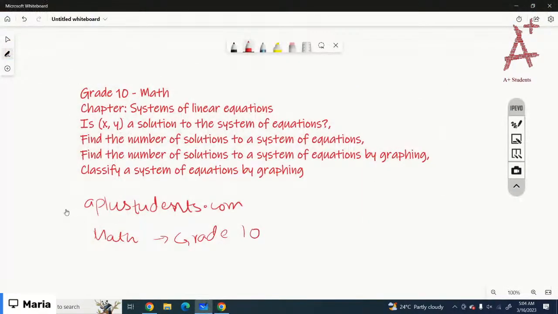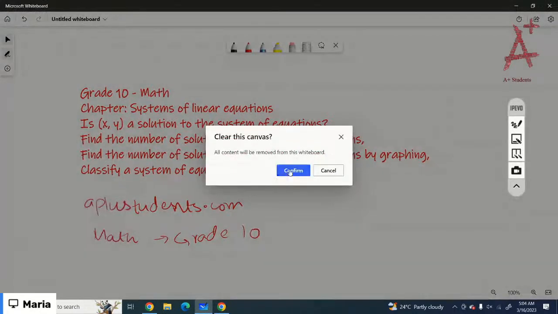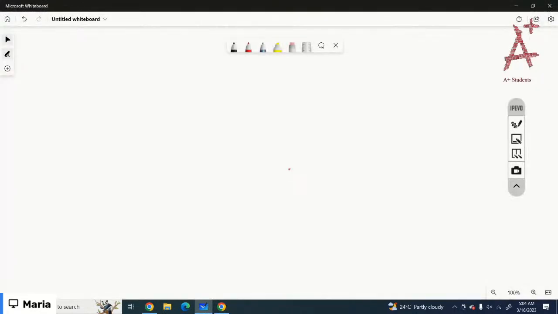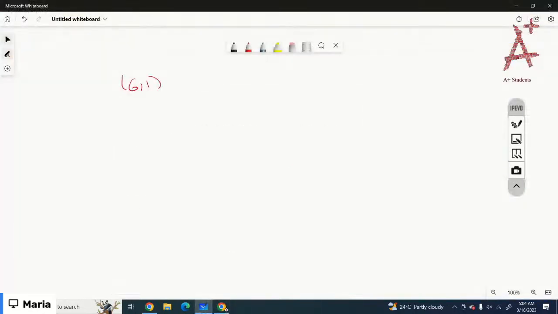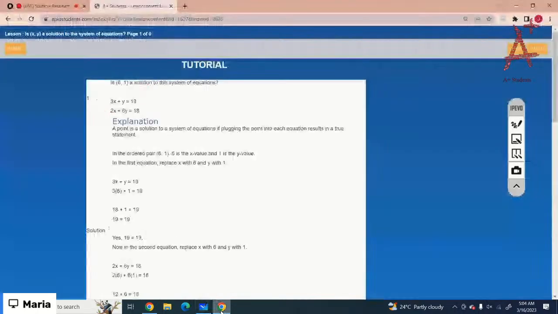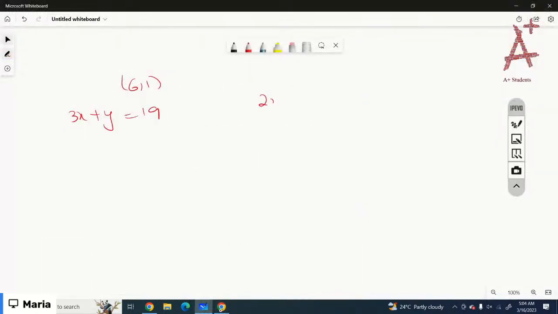The point is (6, 1). Let me do it on the board. The equations are 3x plus y equals 19, and the second equation is 2x plus 6y equals 18. So just plug the point into both the equations. X is 6 and y is 9.